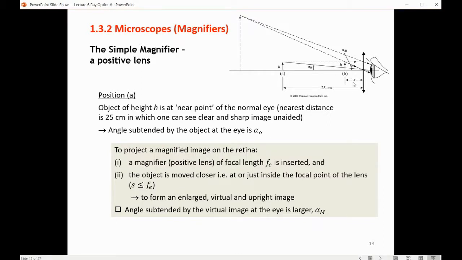This object distance S is less than or equal to Fe. In this case, we will be able to form an image which is virtual, enlarged, and upright. The angle that is subtended by this virtual image at the eye would be alpha m.